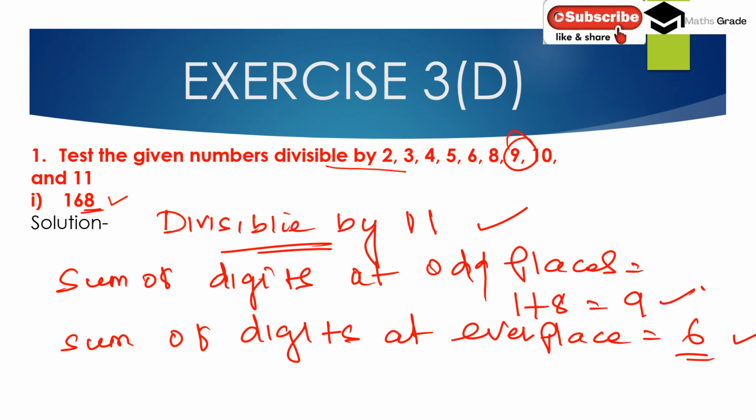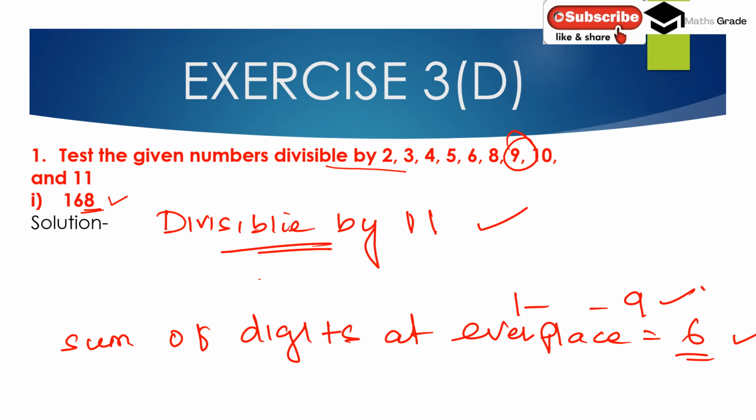Now the difference of the sum of digits at the even place and the sum of digits at the odd place is 9 minus 6, which is 3. Now 3 is not divisible by 11.